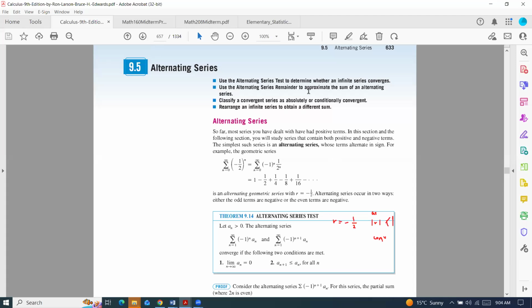We see the terms here: this is a half, the next is smaller, it's a quarter, and the next is again smaller, it's 1/8. So the second condition is also satisfied here. Then this series is convergent.